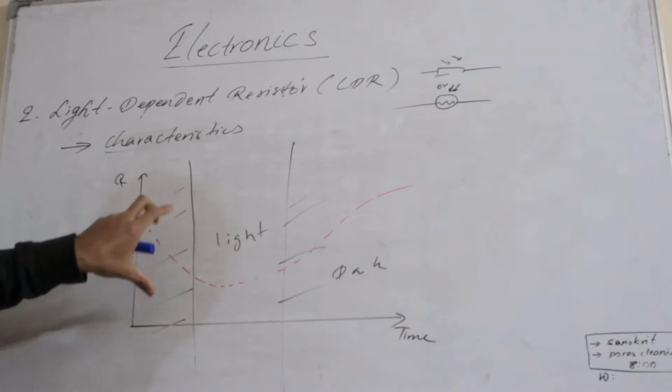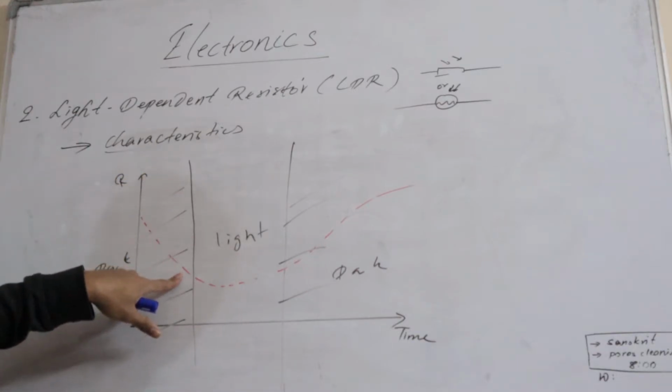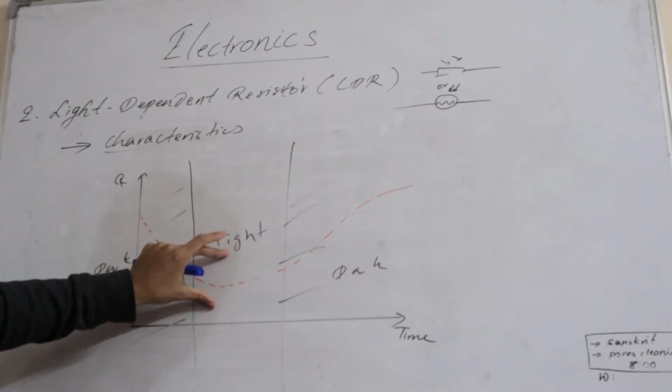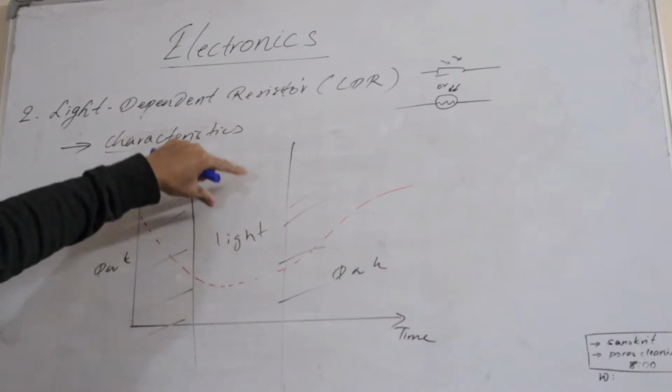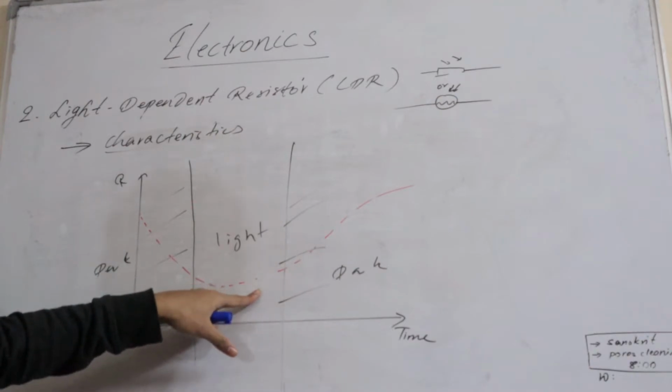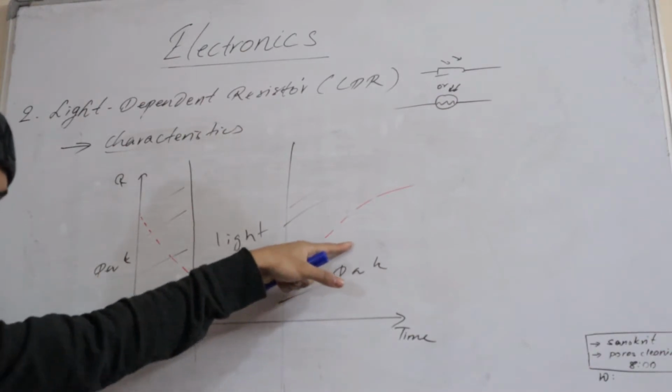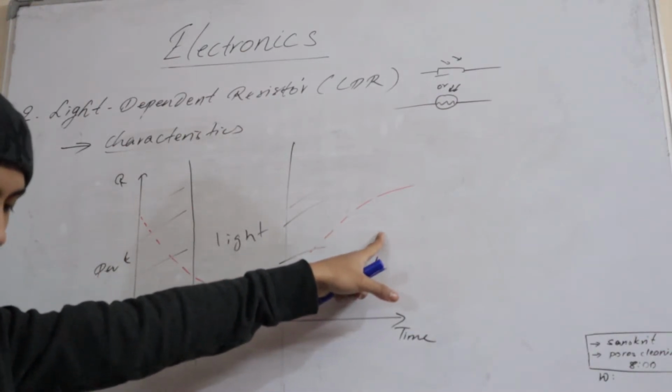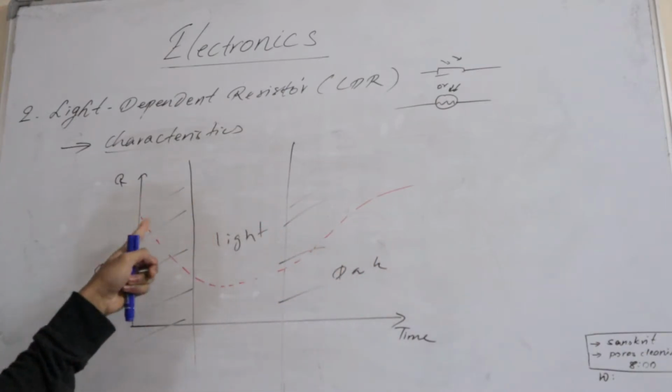When it is dark, its resistance increases, and at a certain point, when it gets light, its resistance falls like this, and immediately when it goes back into the dark part, its resistance increases.